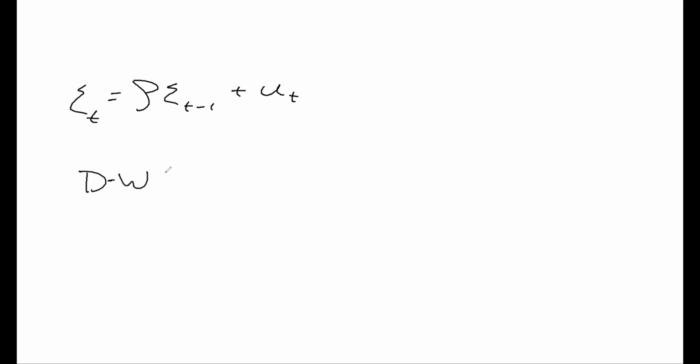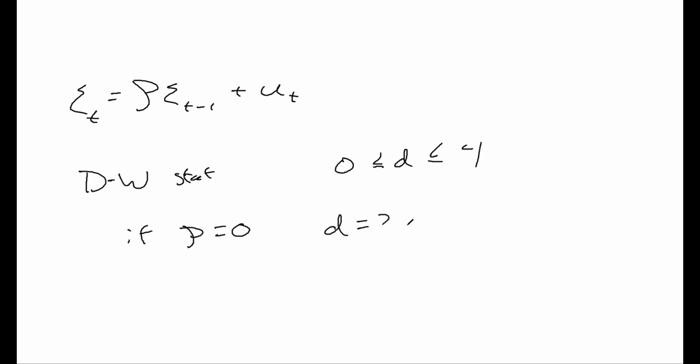The Durbin-Watson statistic is represented by D. Typically, or always, D is going to be between 0 and 4. If there is no autocorrelation, meaning that our rho is equal to 0, then D would be equal to 2.